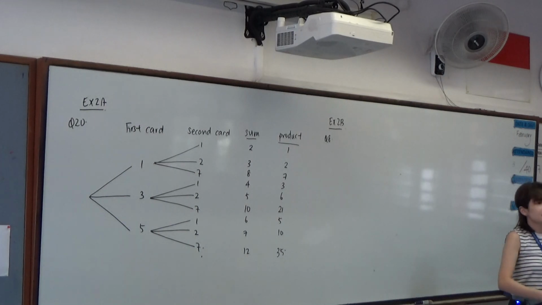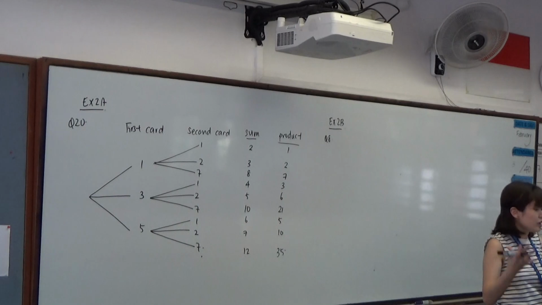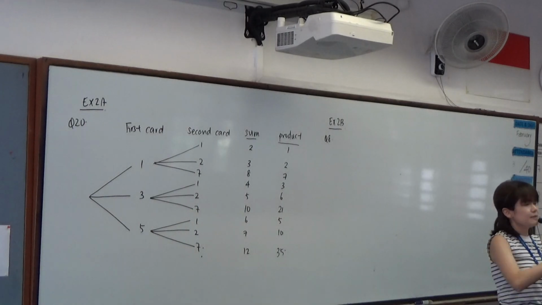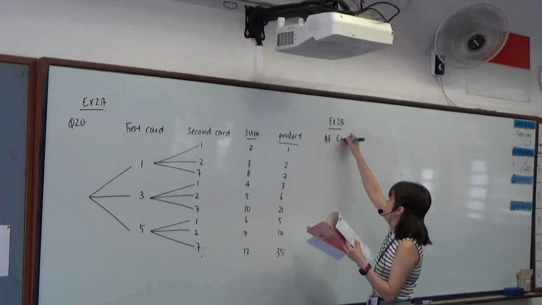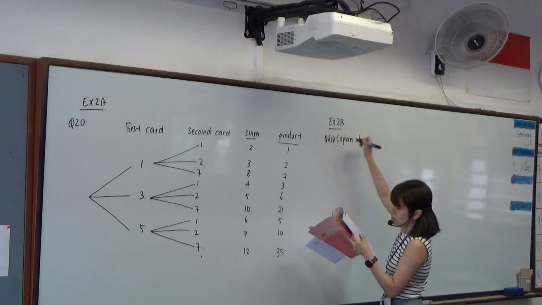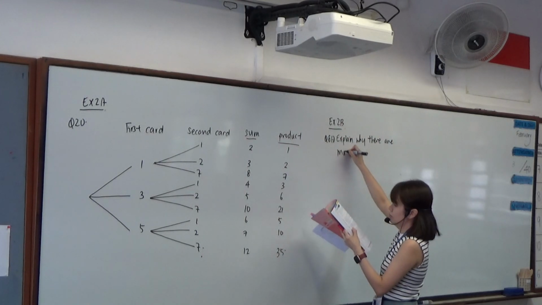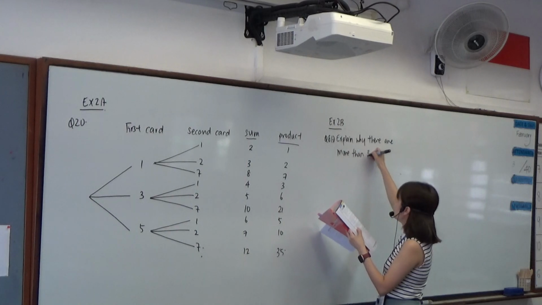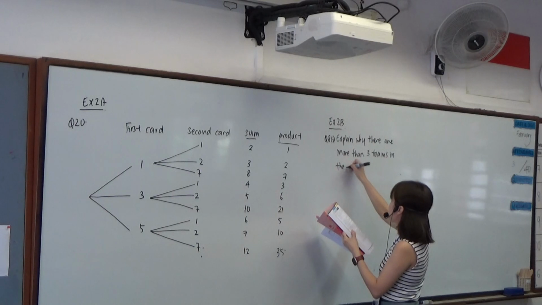Some of you just say that the sum is not equal to 1. You just simply say that. So question 8. Let me write the question. Explain why there are more than 3 teams in the tournament.